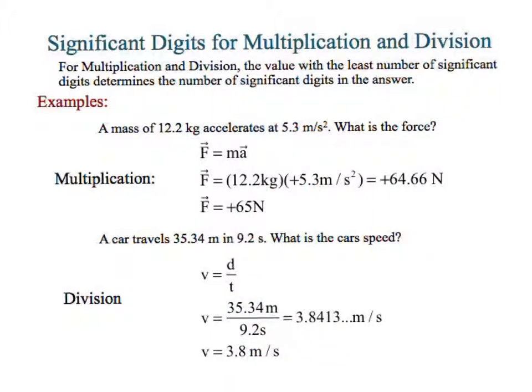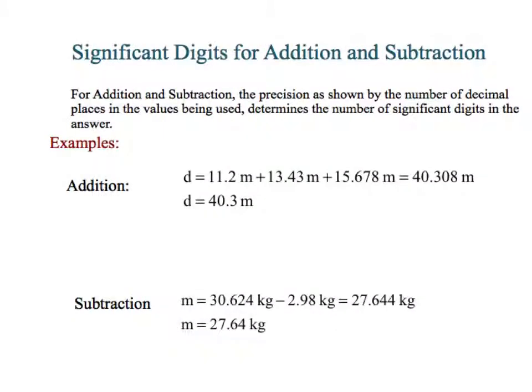The rules for addition are a little bit different. For addition and subtraction, the precision is shown by the number of decimal places. So the more decimal places an answer or a value has, it shows that it's more precise. So if we take a look at this example, we've got these different distances being added. 11.2 has been measured to the 10th. 13.3 has been measured to the 100th, and 15.678 has been measured to the 1000th.